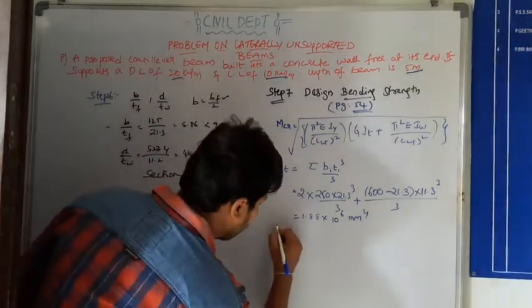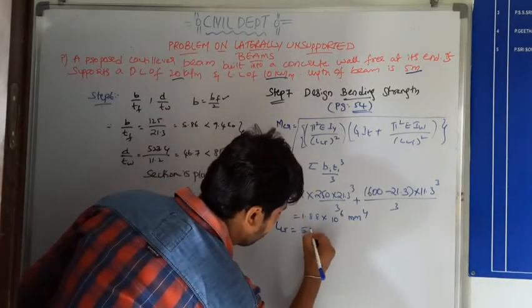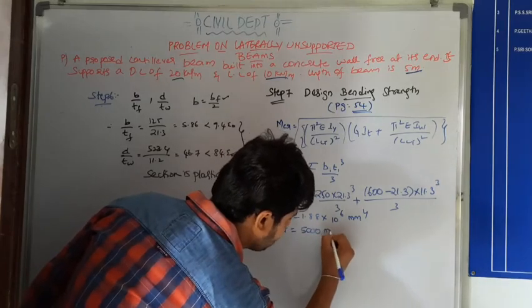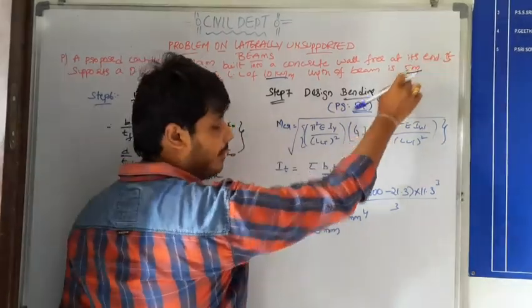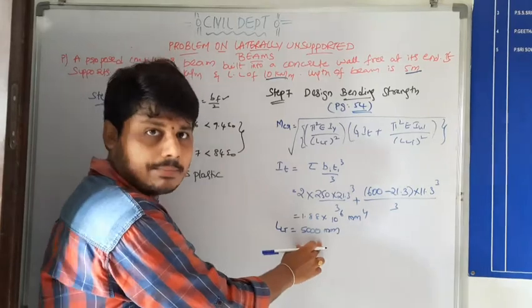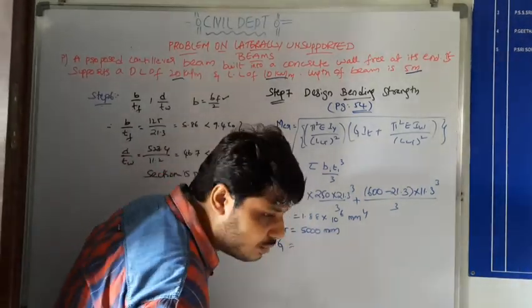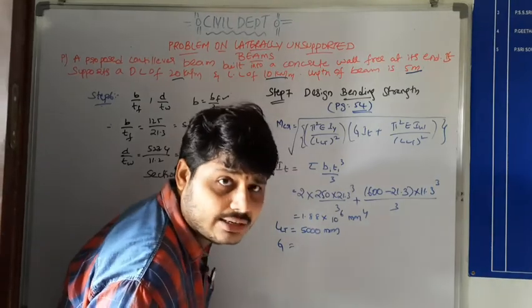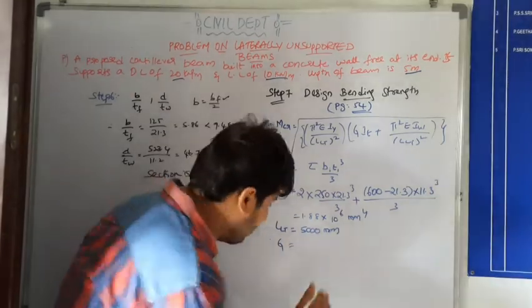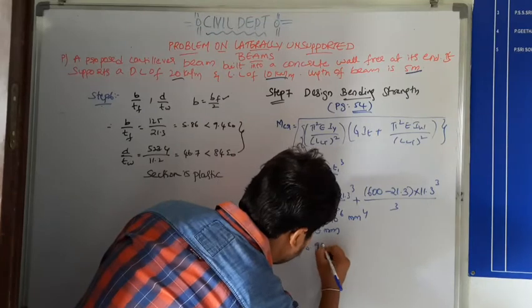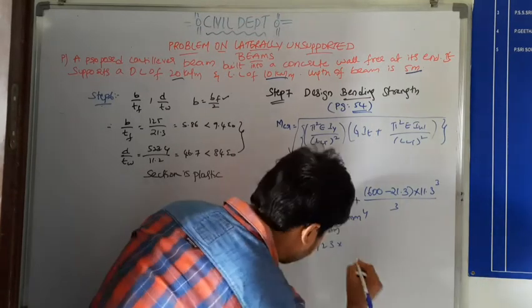So IT we know, LLT is equal to, already we know, 5000 mm. So length of the beam 5 meters, this is in mm, 5000 mm. So next G. So this is standard value, modulus of rigidity, 76.923 into 10 cube Newton per mm square.